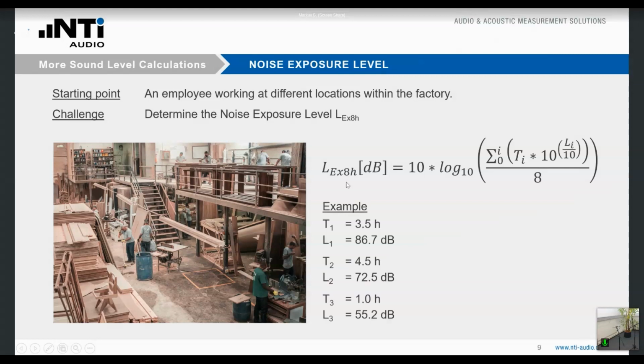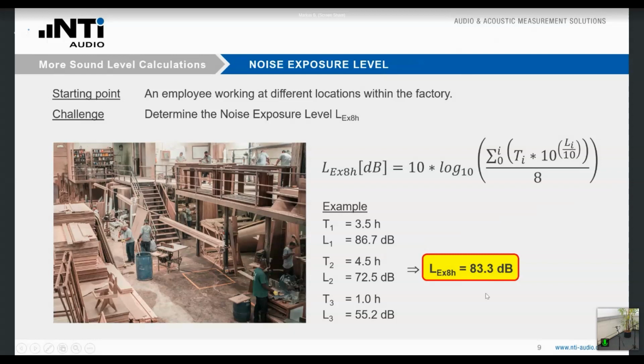Just as an example, we have a worker who is 3.5 hours exposed to the 86.7 dB. Then he has 4.5 hours at 72.5 average level. And he has 1 hour break or more silent work with 55.2 dB. Now, if we feed all these levels, these data into that formula, we would end up with an exposure level of 83.3 dB.